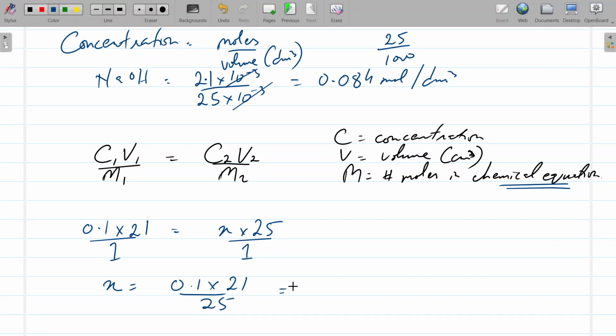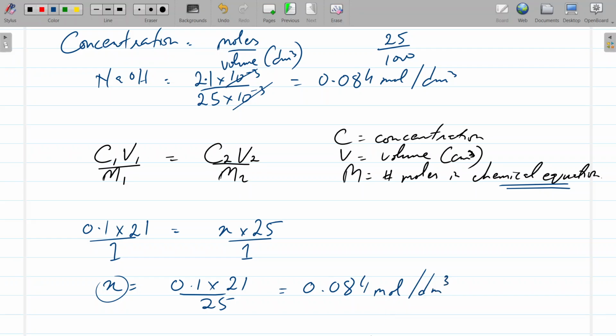Do we get the same value? Sophia? Yeah. 0.1 times 21 divided by 25, and we get 0.084. And because X is the concentration, that would be moles per decimeter cube.